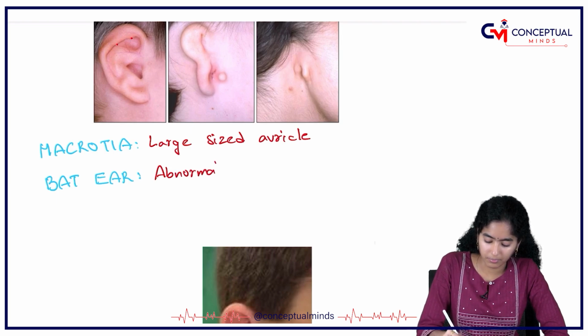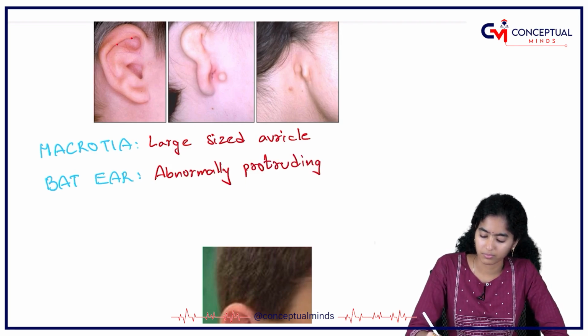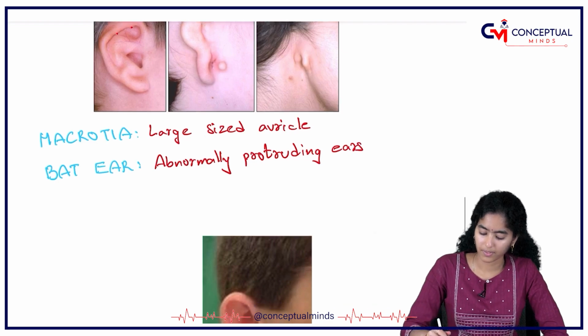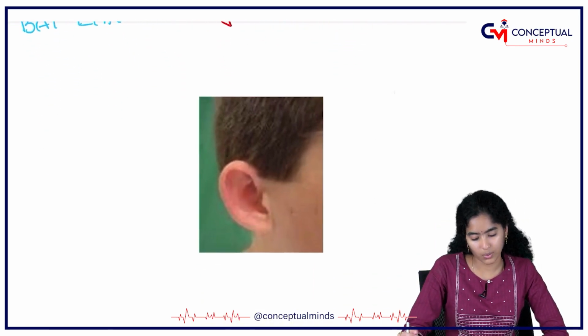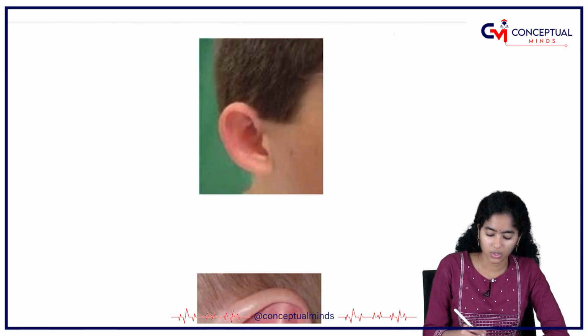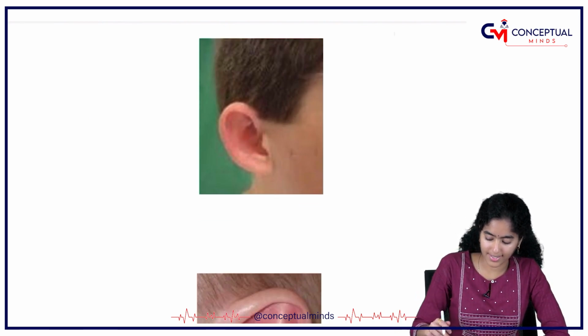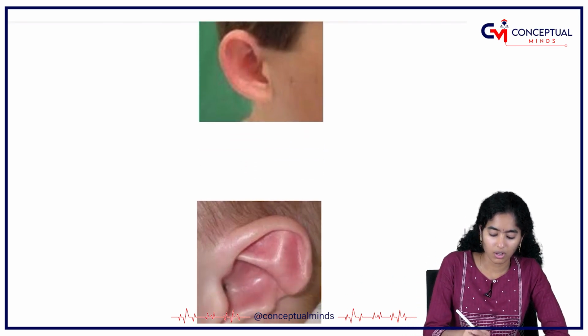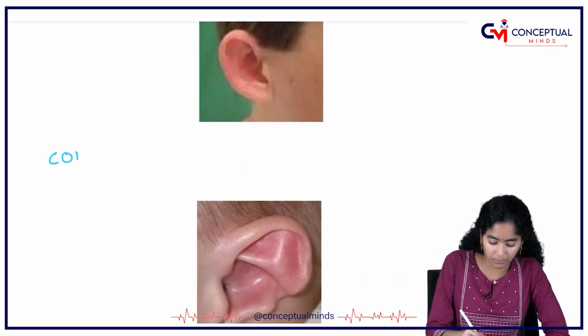Abnormally protruding ears. This is how a bat ear looks like. Next in the list, we have something called coloboma of the ear.